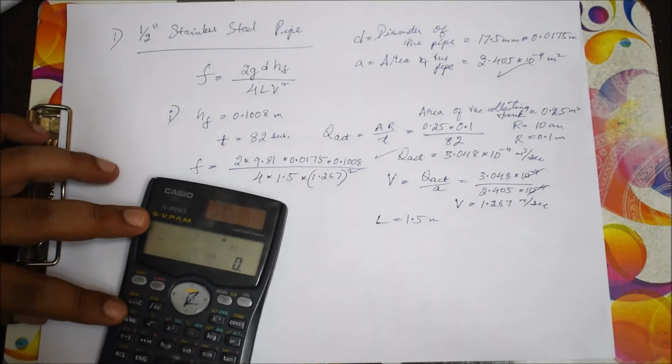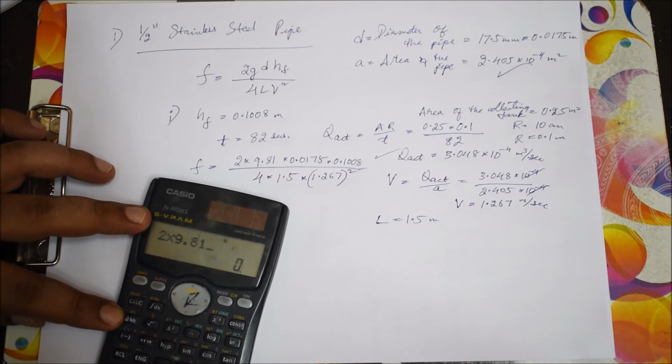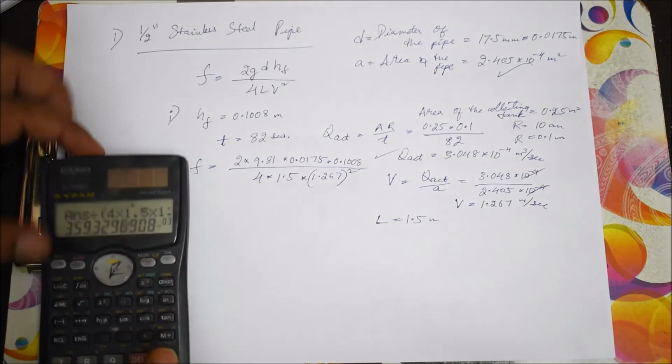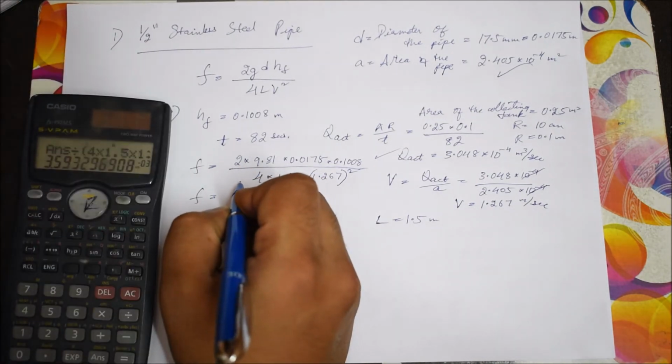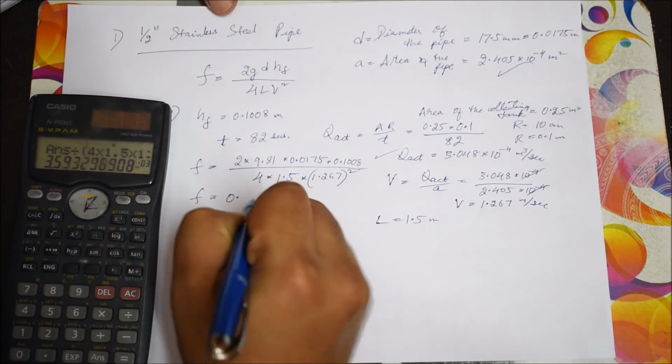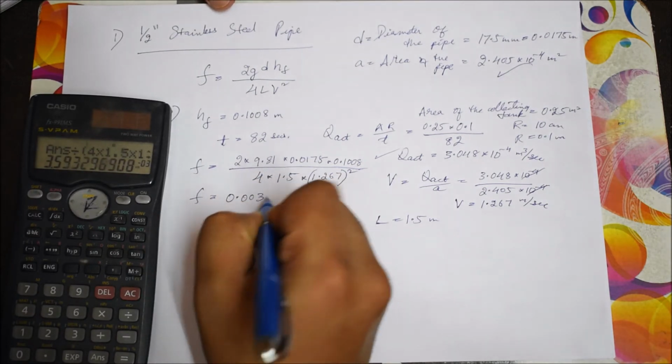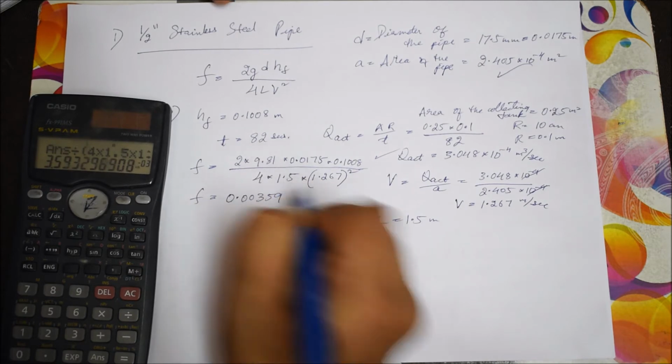Let us solve it. 2 into 9.81 into 0.0175 into 0.1008 whole thing divided by 4 into 1.5 into 1.267 square. So friction factor is coming somewhere around 3.59 into 10 to the power of minus 3, or 0.00359.